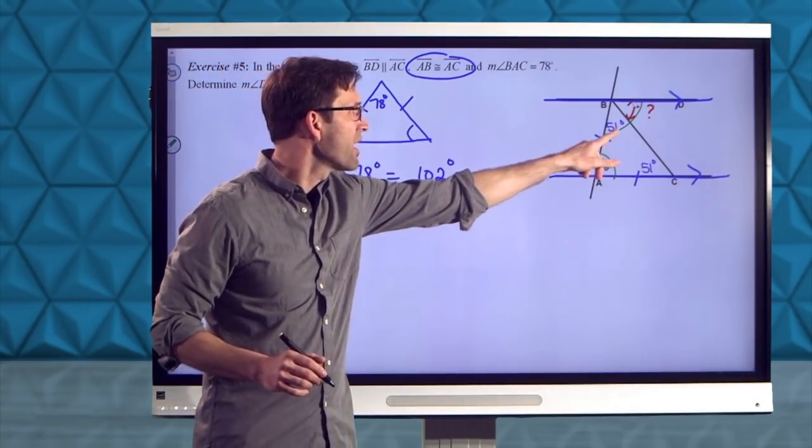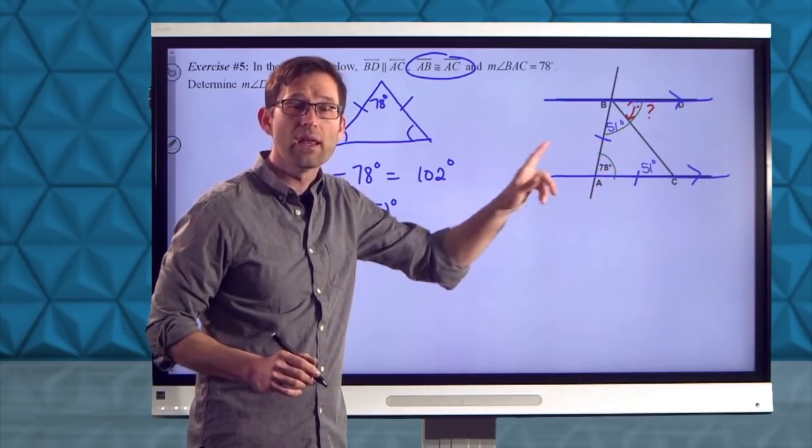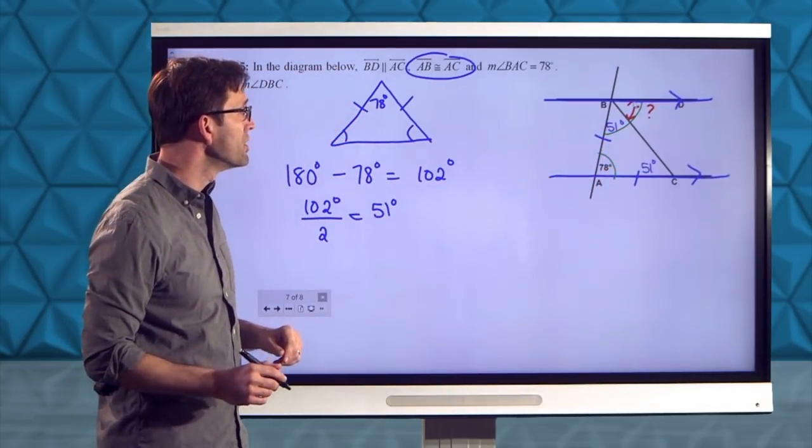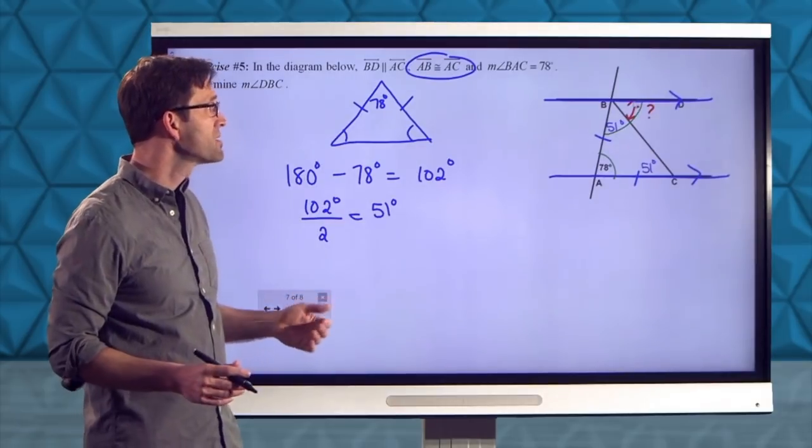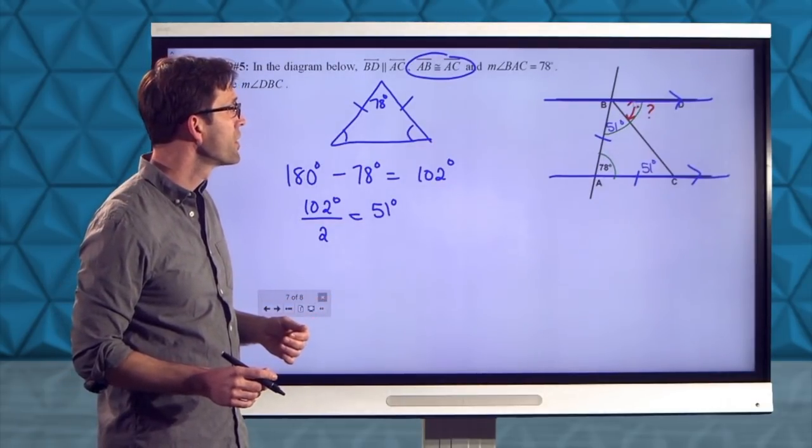And that means that the two angles drawn in green must add up to 180 degrees.